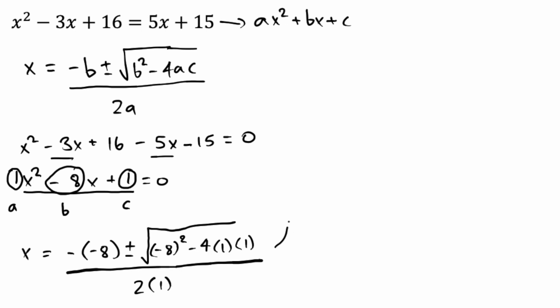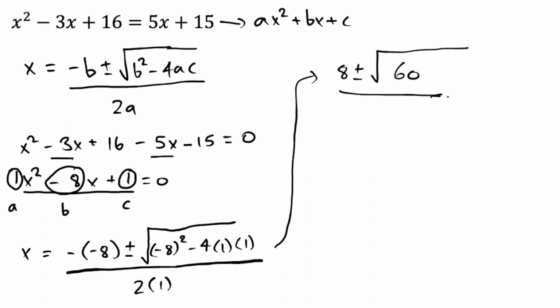So what does that give us? Let's go up and write it again. We get 8 plus or minus the root of 60 by 2. So we know that this is our two values for x, or x-intercepts, but we can simplify this further.